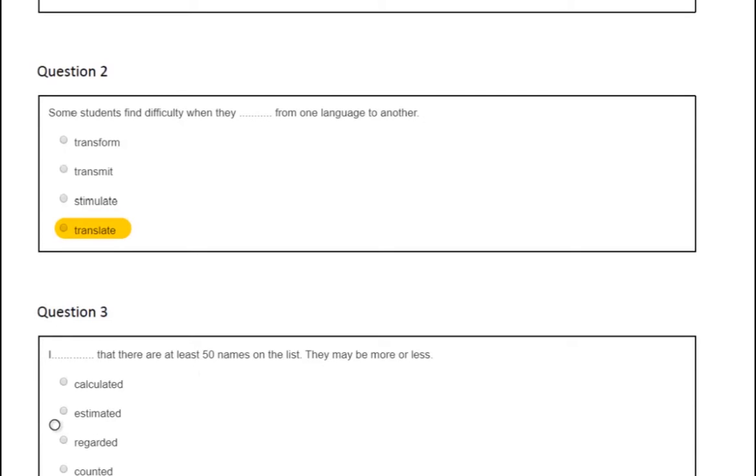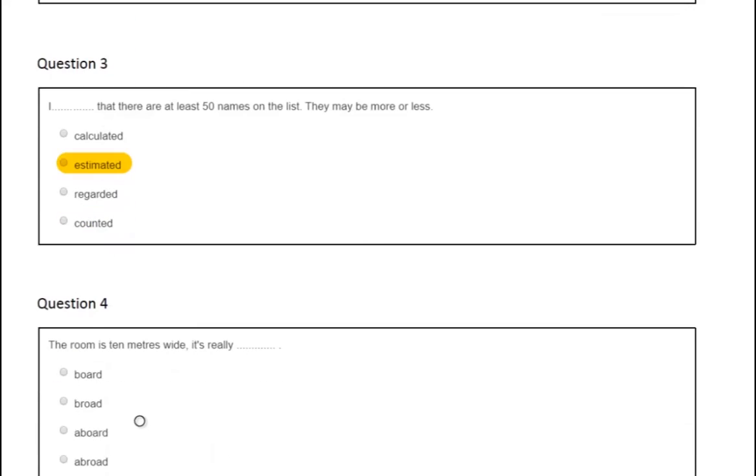So we use estimated. What does estimated mean here? It is an approximate judgment about a certain number. It is not exactly the same number, but nearly or approximately the right number.